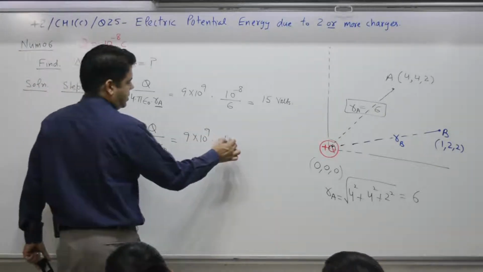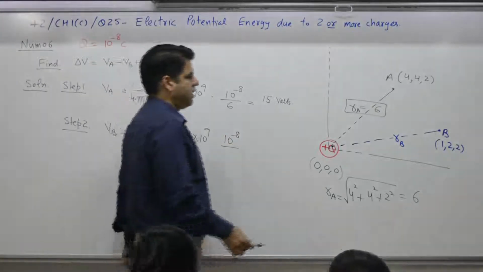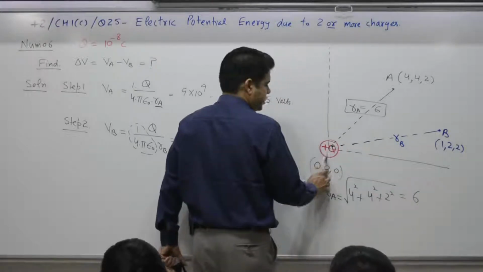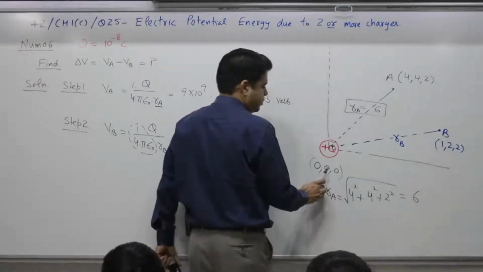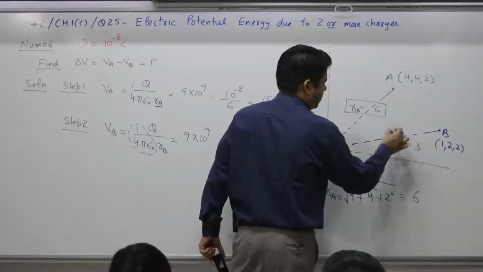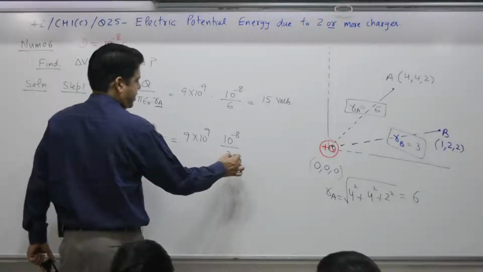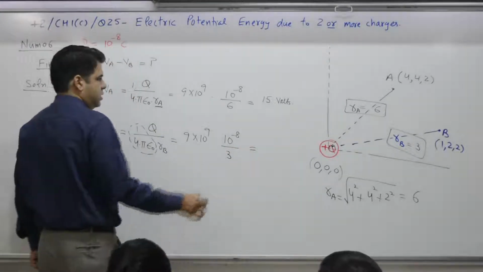Charge 10 raised to power minus 8 divided by RB. RB is equal to the square root of 1 minus 0 squared plus 2 minus 0 squared plus 2 minus 0 squared, which comes out to be 3. Divided by 3 is equal to 30 volts.